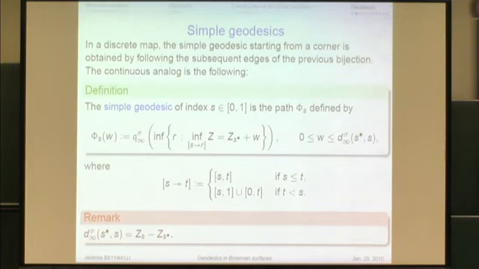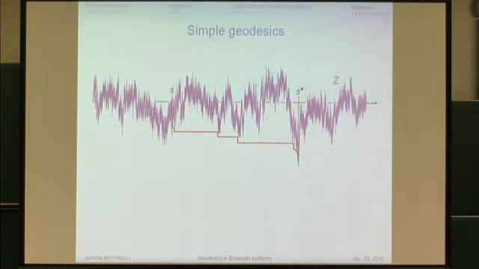That's a very easy way to construct a geodesic, and this geodesic will be called a simple geodesic. And in the continuum, these simple geodesics are still here. The proper definition is this one, but I will show you a picture in a moment where it's a bit easier to see. So here, this is the labeling function drawn onto [0,1].